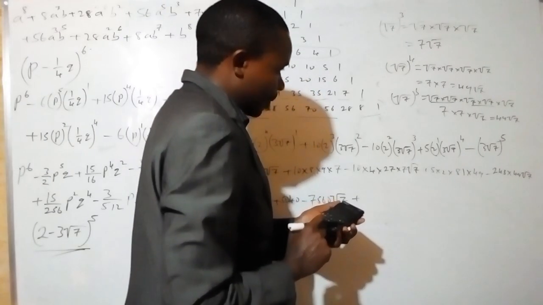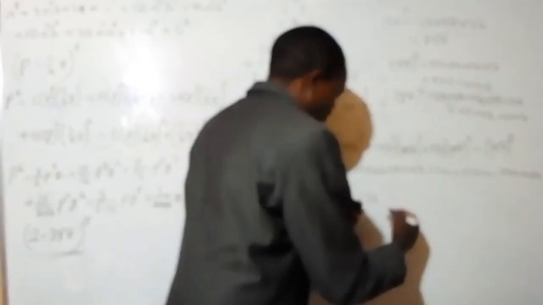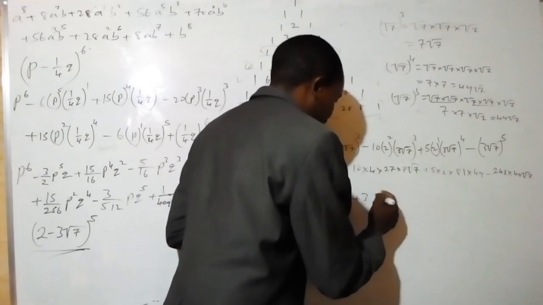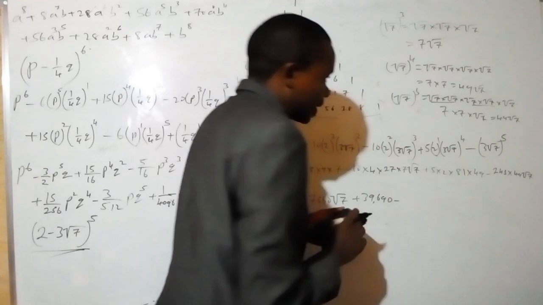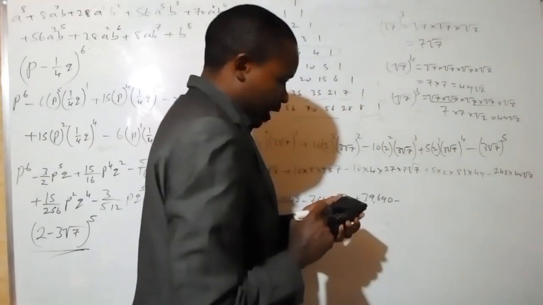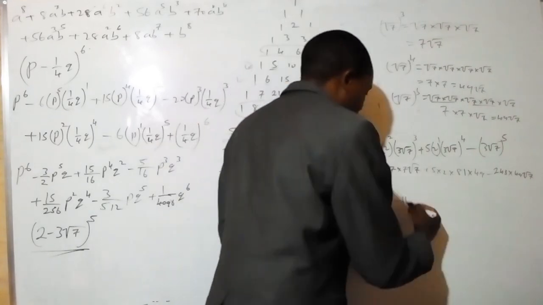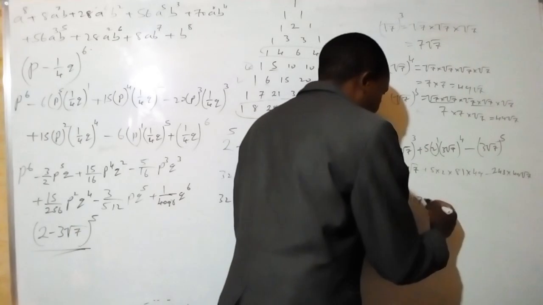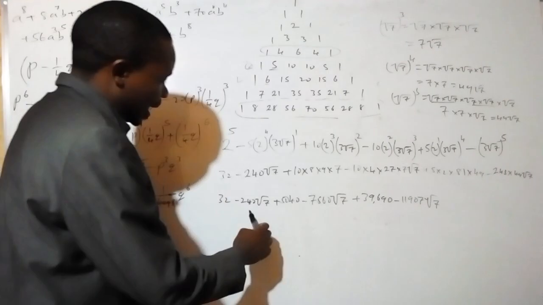We get 39,690 minus 243 times 49. We get 11,907 root 7.